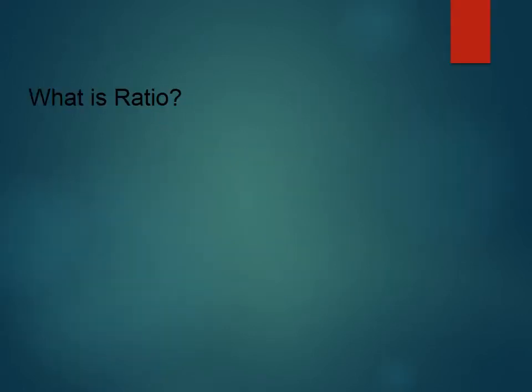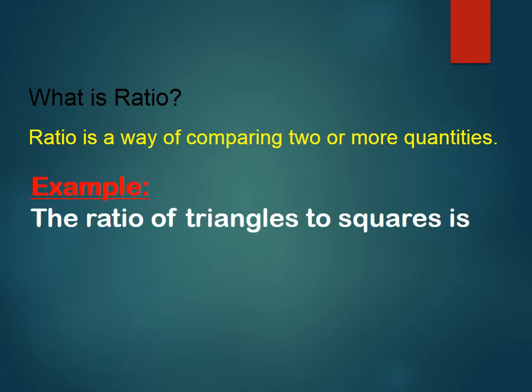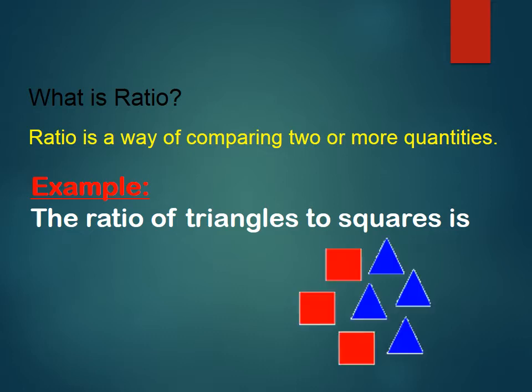Now, let's remember what a ratio is. A ratio is a way of comparing two or more quantities. We have this example. We will solve it together. The ratio of triangles to squares is... He wants me to find the ratio of triangles to squares. So first I will find the number of triangles.